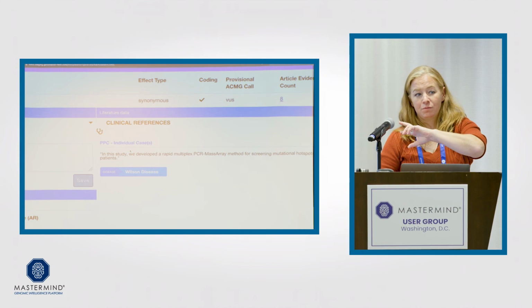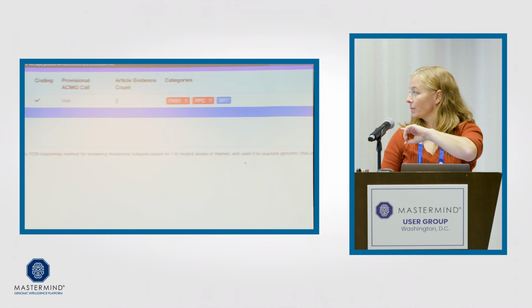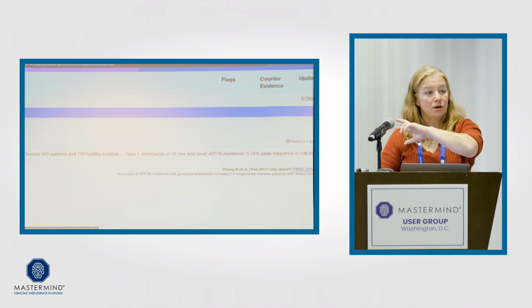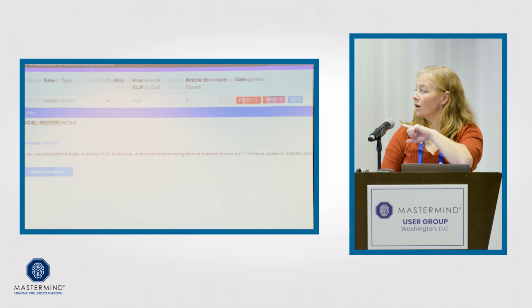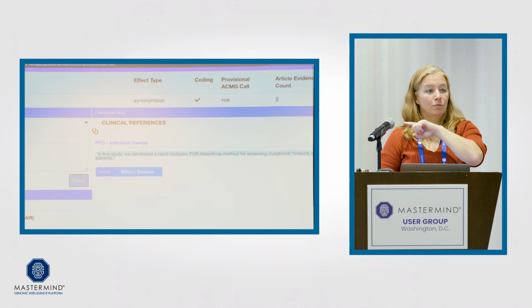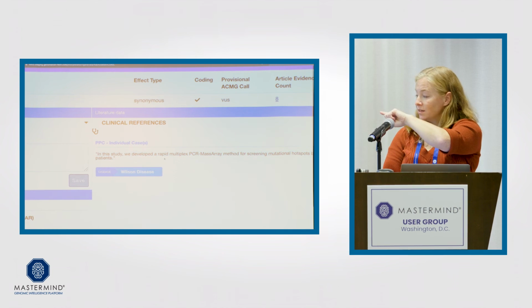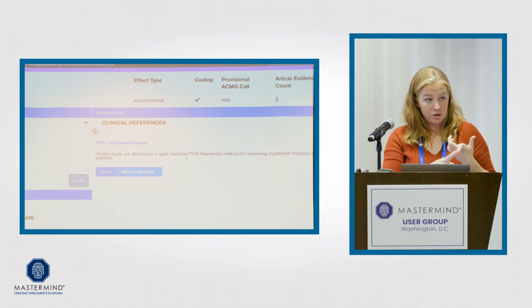So this is where our team of curators have gone in and said, okay, within this article here, it's really close on my screen normally, right? This PMID here, this is sentence fragment. This is where in the article, it's a quote from the article where they report the individual cases. So you can jump out immediately to that article and find exactly what you're going to be looking for, down to the nomenclature, right?